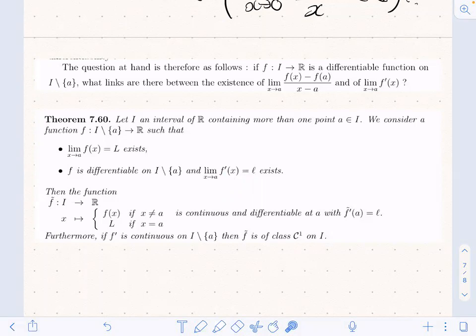Perhaps we can, if you've got Google at hand, have a look at sinus of x over x, and have a look at whether you think that the extension of that function would be differentiable at 0. Yes, it would.